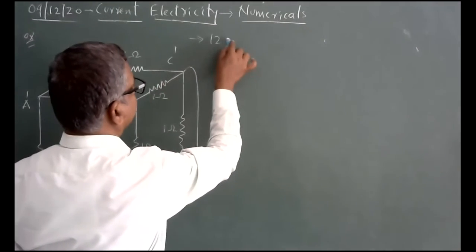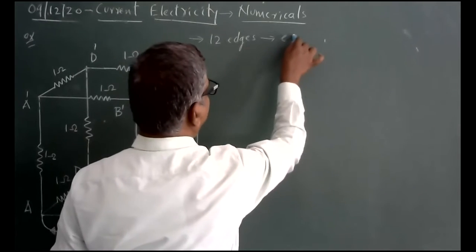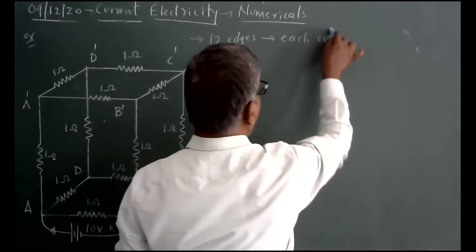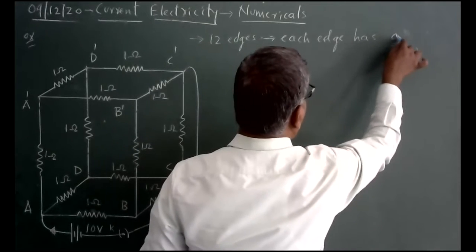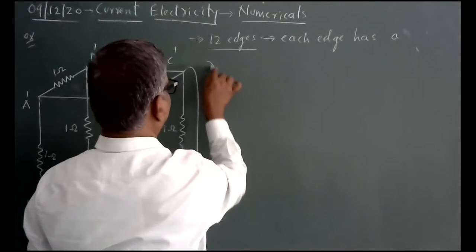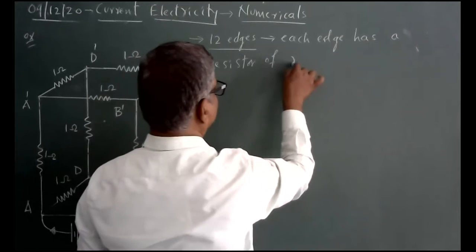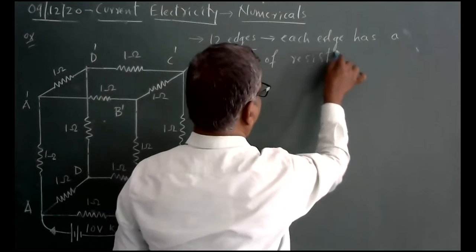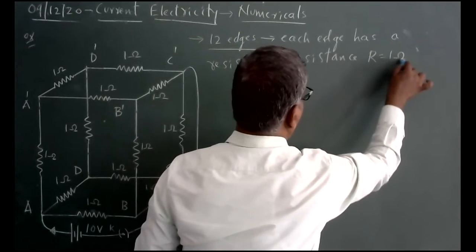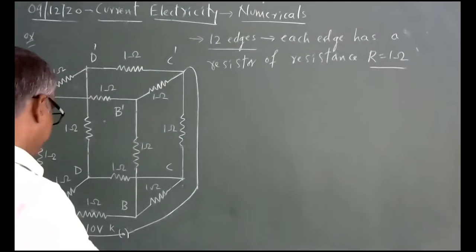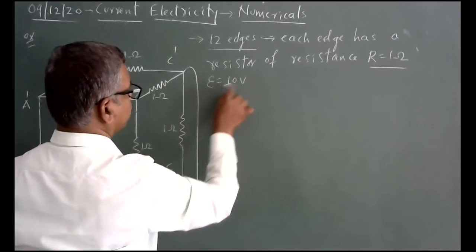Each edge has a resistor of resistance R equal to 1 ohm. And you have a cell of 10 volt EMF.